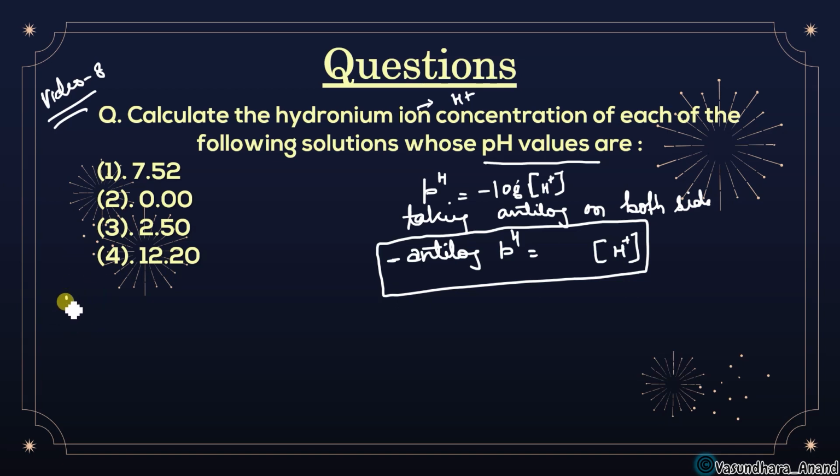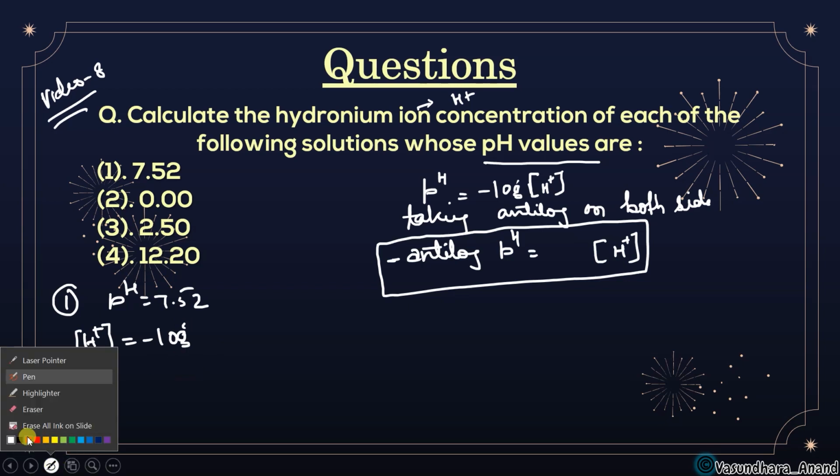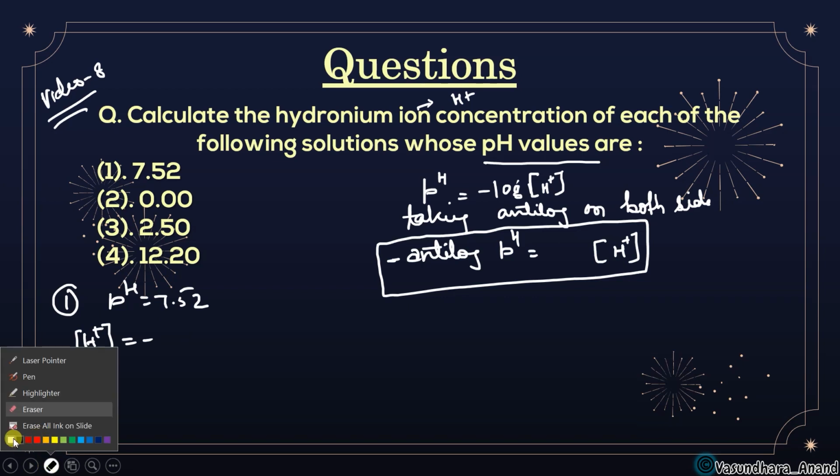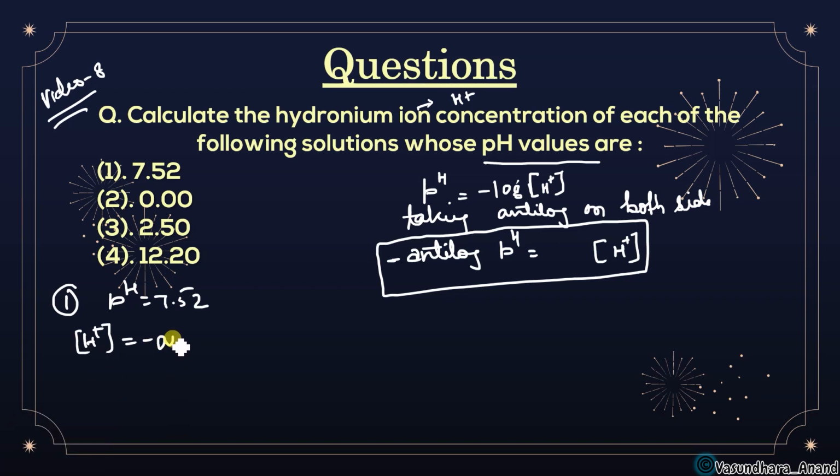For the first, pH is equal to 7.52. So H plus concentration will be minus log, anti-log 7.52. I hope you are clear how to find the log and anti-log.